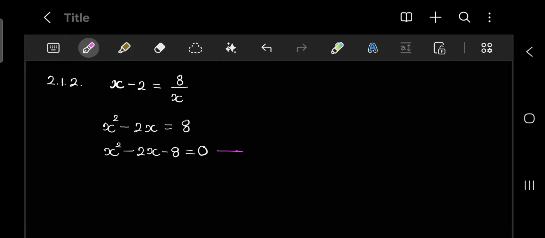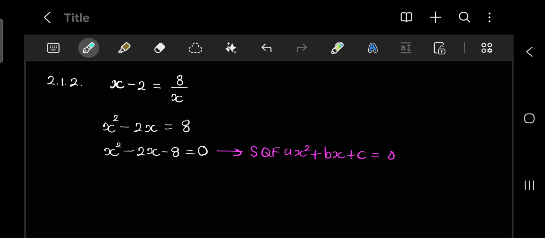Now you guys will notice that this is in quadratic format. Actually, we can say that it is in standard quadratic format, since we've got the format of ax squared plus bx plus c is equal to 0. So that is actually what standard quadratic format means.